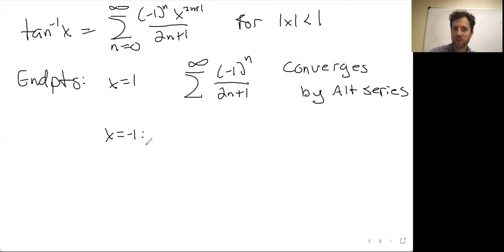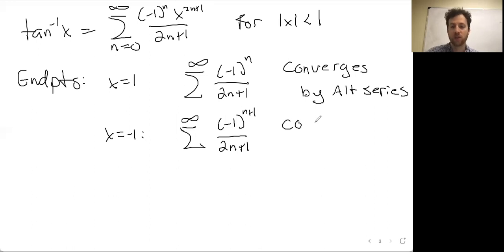If we put in -1, what happens is -1 to an odd power is -1, and it's always -1 because we're always raising it to an odd power. So that means we just have one extra factor of -1.